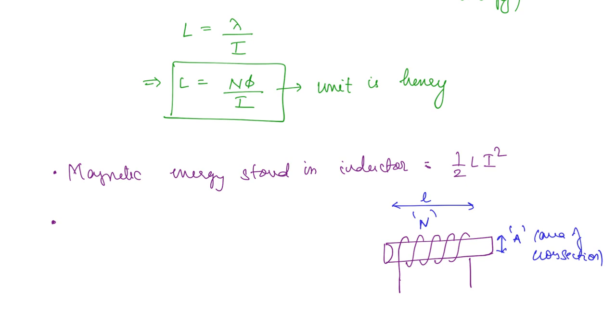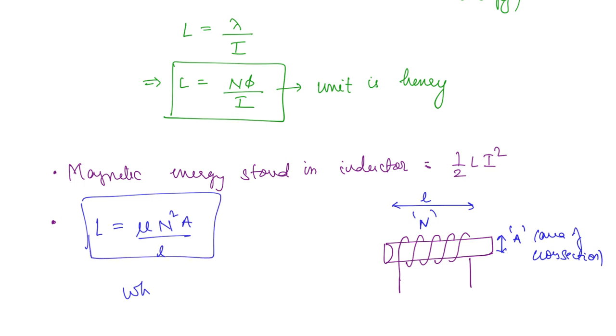So from here we get the inductance equal to mu n square A by L. What is mu? Mu is the permeability of the material around which the coil is wound.